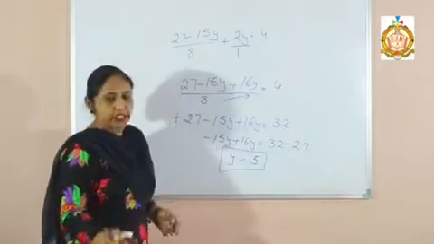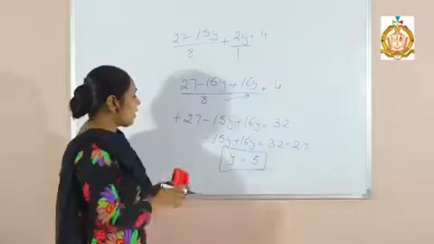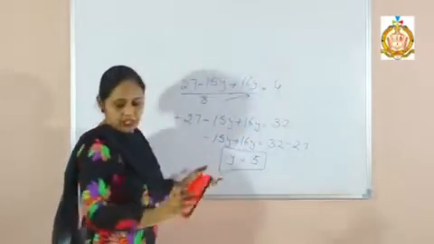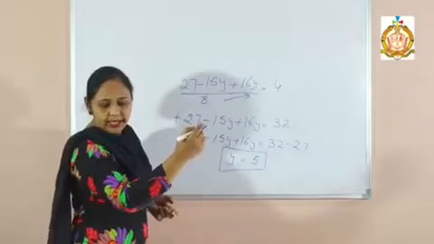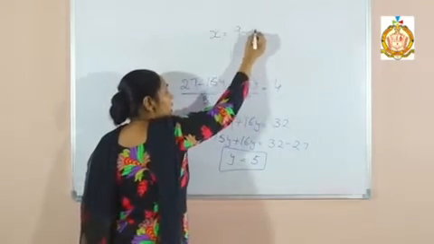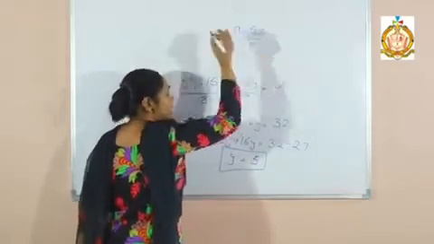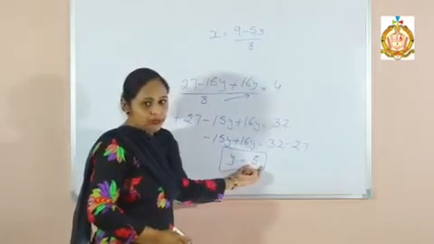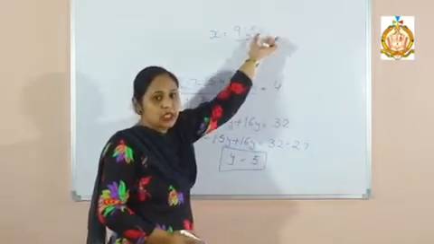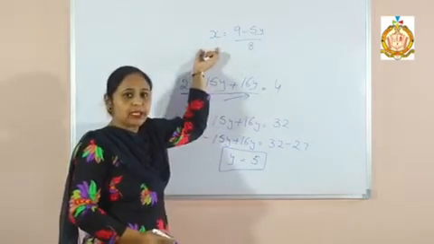Y I already found. Now what to do? I want to find the value of x. Now one variable I found, and in the given statement that I already found, x equals to 9 minus 5y upon 8. Now the value of y we found. What to do? This value we will substitute here and find the value of another variable, that is x.